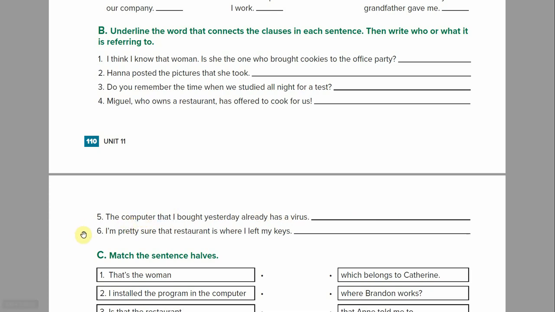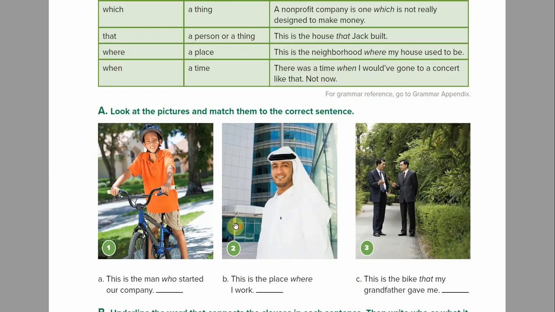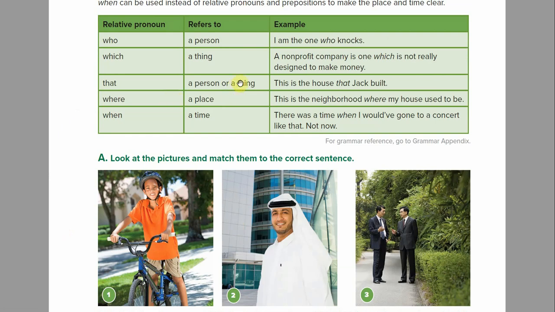And the last one, number 6. I'm pretty sure that restaurant is where I left my keys. All right, so this one has that and it has where. So let's go up here. So that is a person or thing, and where is a place.